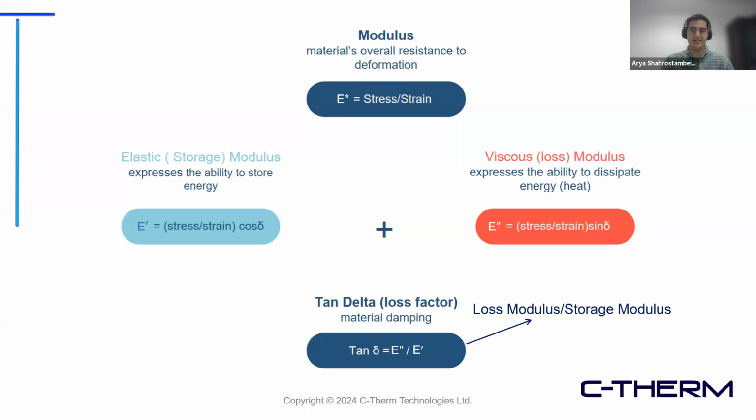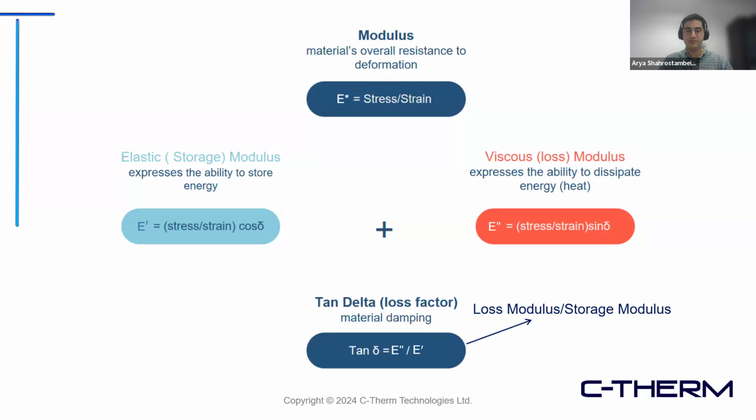Simply, the tan delta is the ratio of loss modulus over storage modulus. So the component of your material that dissipates energy through its matrix, over the component of your material that can store the energy, or is responsible for elasticity, the tendency of your material to go back to its original shape.